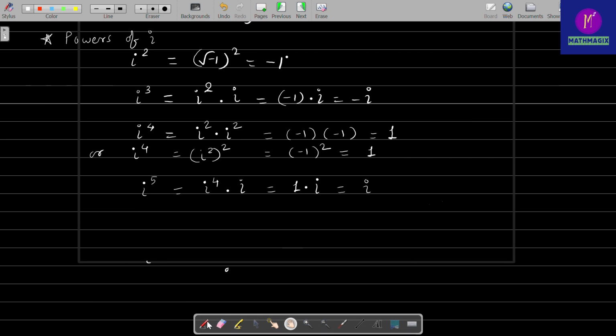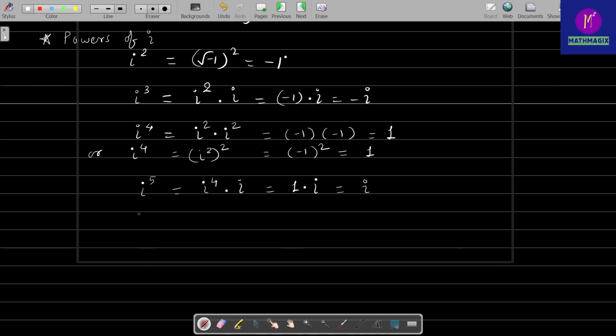Now let us try to find some higher power of i. Let us find i raised to 203. We will try to solve this also using laws of indices. We will divide this 203 into two parts, in such a way that one part of 203 will be a multiple of 4.